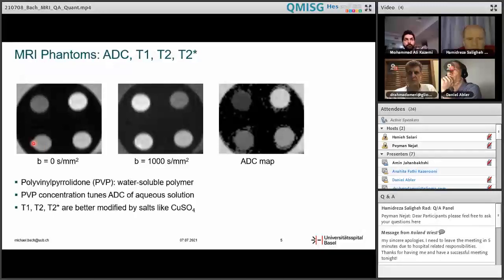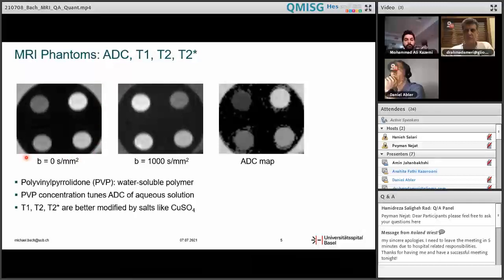Here you can see a T2 weighted image of a phantom with different ADC compartments. Here the B1000 image and here the corresponding ADC map. Different ADC values are realized by the use of a water-soluble polymer called polyvinylpyrrolidone.